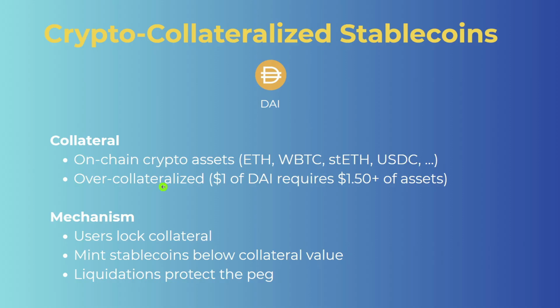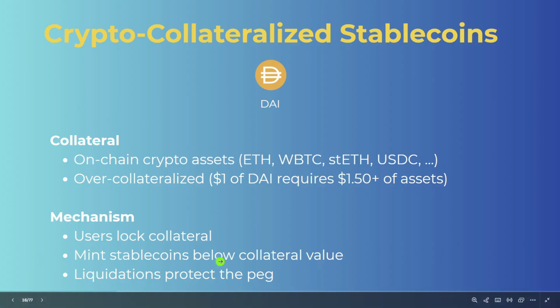They are over-collateralized, as we will see in detail later on, because, for example, one DAI requires $1.5 of assets. And the mechanism is very simple. Users lock collateral, they mint stablecoin below collateral value, and liquidations protect the peg.